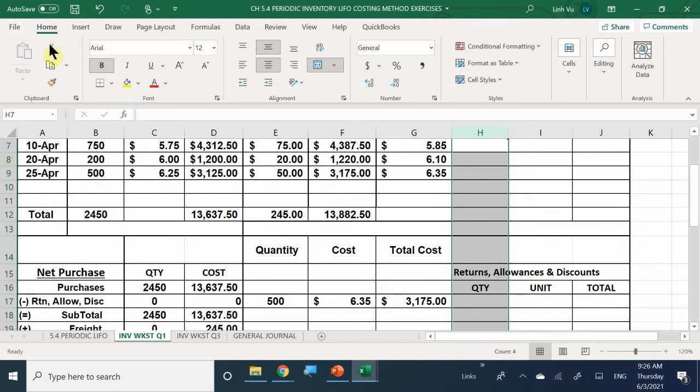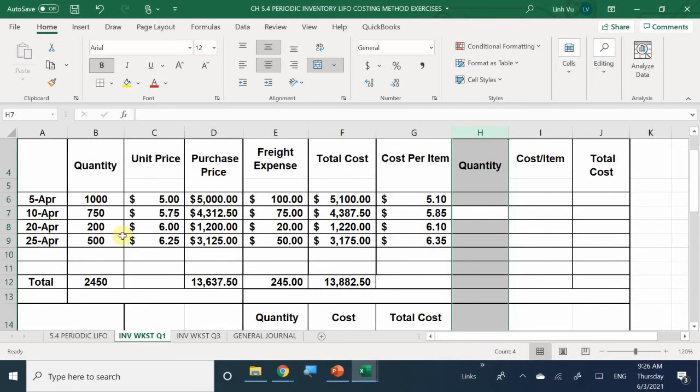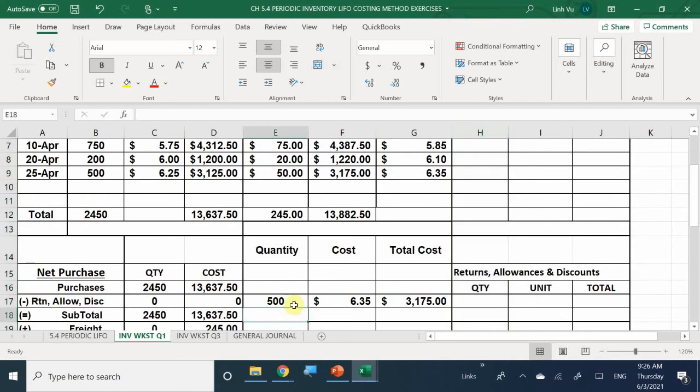The last batch that we purchased is the first one that we sold. All right, my 500, I got rid of my 500. So I still need to sell more items. Out of these 3 batches, which one's the next one that we're going to sell? April 20th, for the 200 items, costing me $6.10.